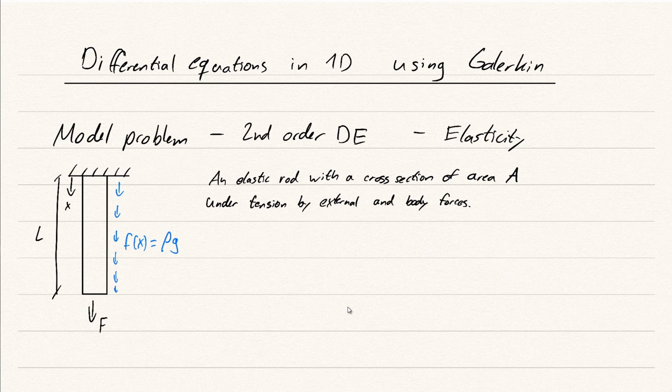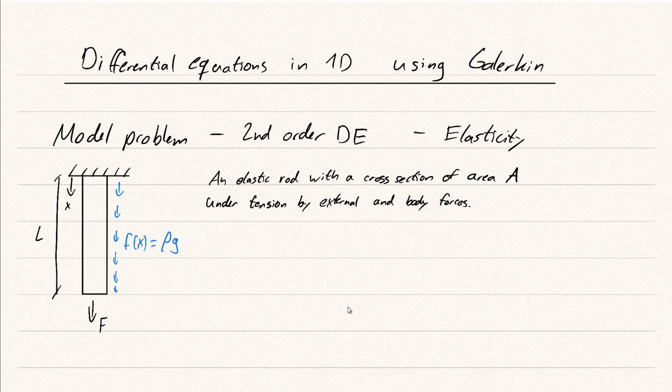Galerkin can solve much more advanced equations, not just second order but higher order as well, and they don't need to be linear. We're going to look at linear equations now, but we can also solve non-linear problems. It's just that the methods are going to be different, and really that's a different course.